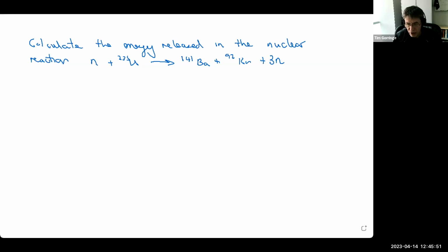In the case that we're thinking of, uranium is split into barium and krypton. The process by which it's split into two lighter elements is a chain reaction involving the uranium absorbing a neutron and being split into two lighter nuclei and also emitting neutrons.